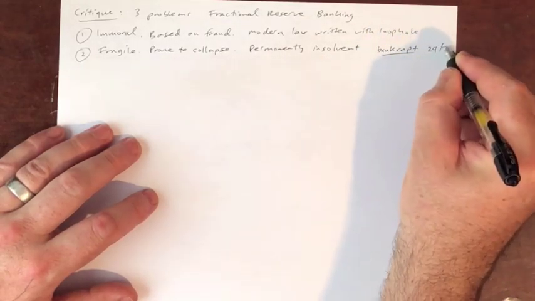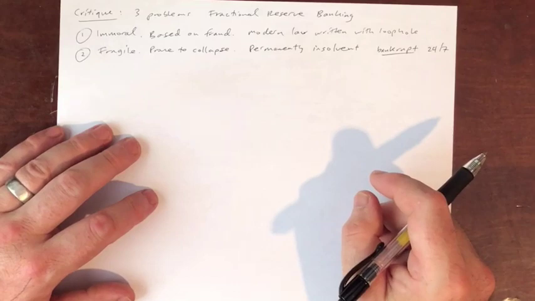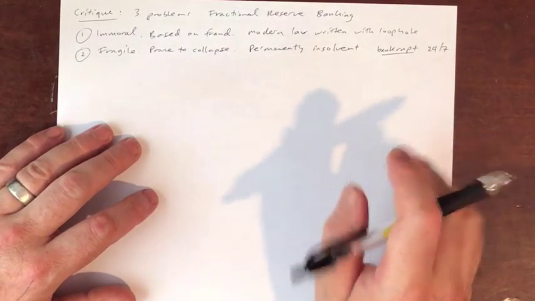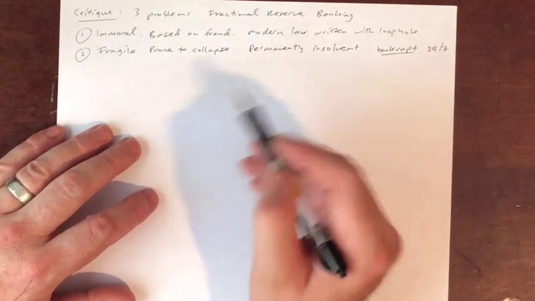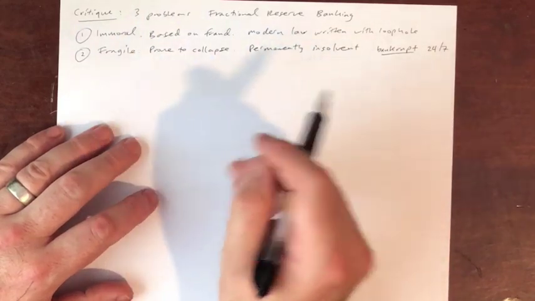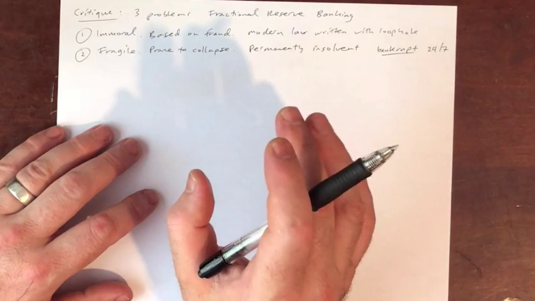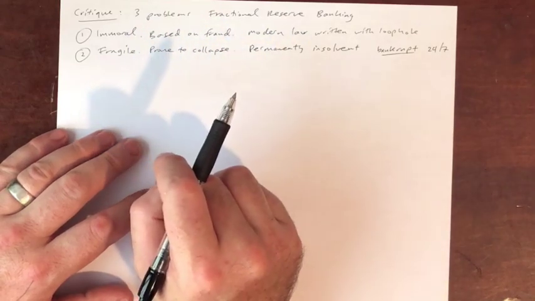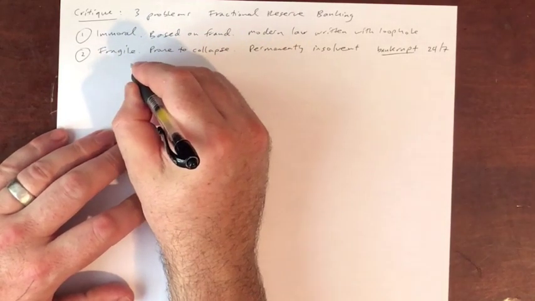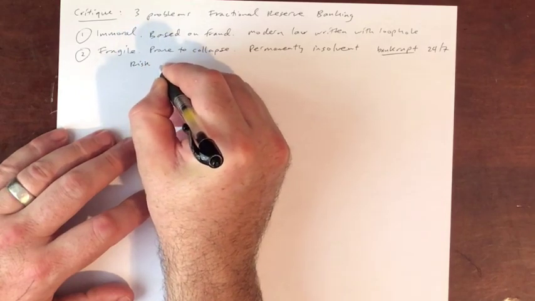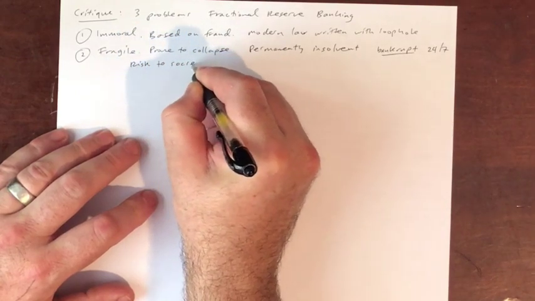They're 24/7 bankrupt. All that they're waiting for is for that insolvency to be revealed by the market, right? So unbelievable, right? A fragile thing. And this fragility also creates a risk to society, okay?